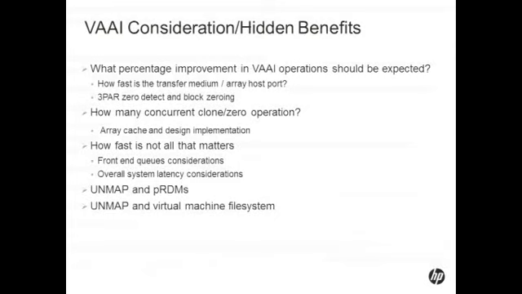You have the same spindles in the back end processing all this information. You kick off VAI cloning operations in bunches on your VMware infrastructure. Do you think it's going to cause any possible overhead on your Oracle database if you're working on the same spindles? It could. Same cache, same spindles.